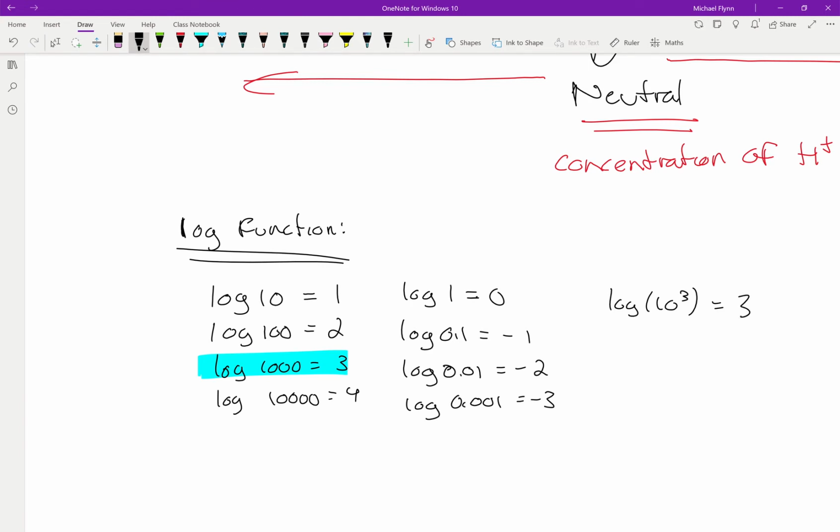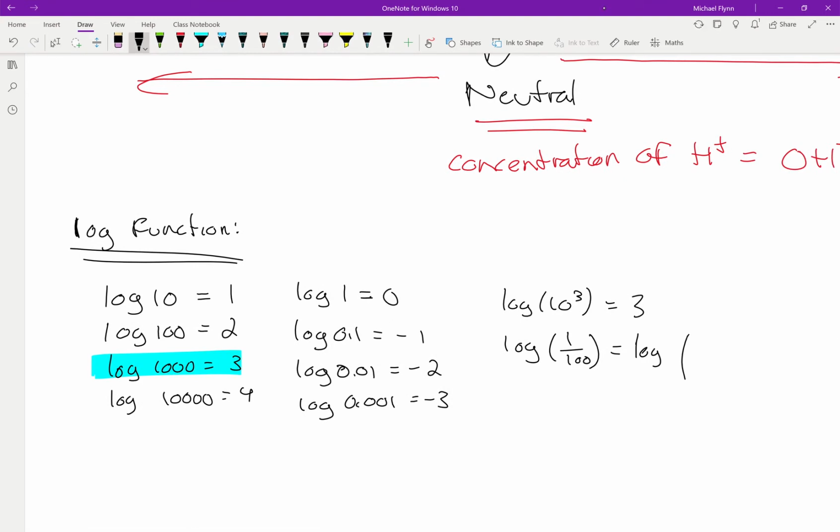Now, what about 0.01? Well, watch this. 0.01 is 1 over 100, okay? Now, I'm going to write that as a power of 10. So it's the log of 10 to the power of negative 2, okay?